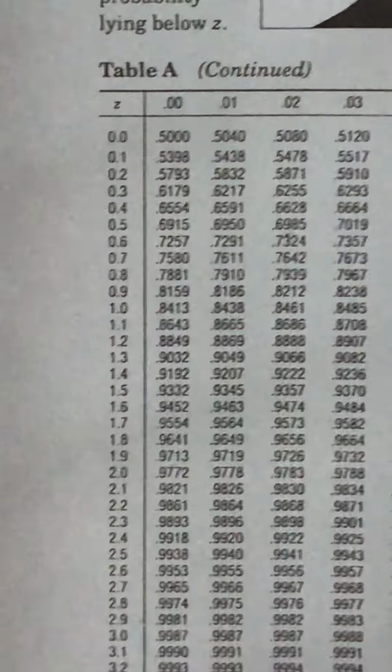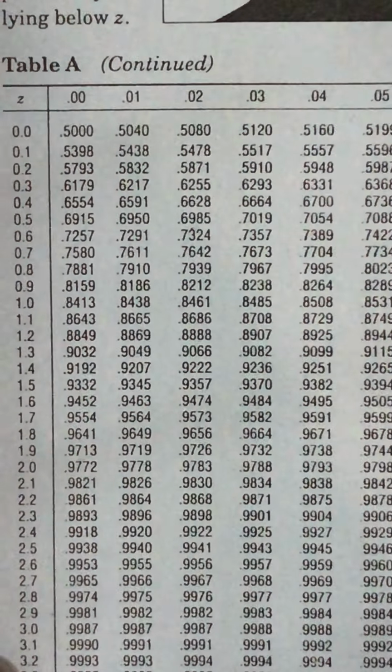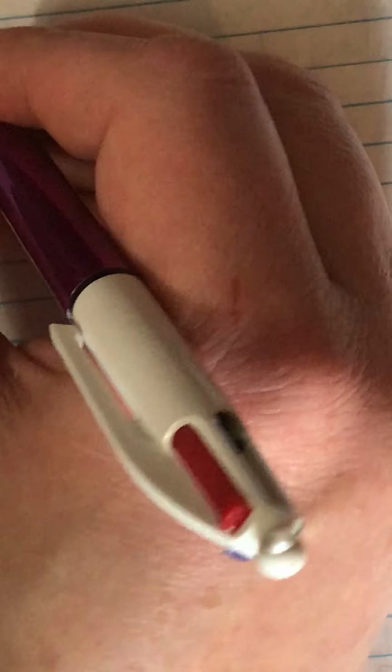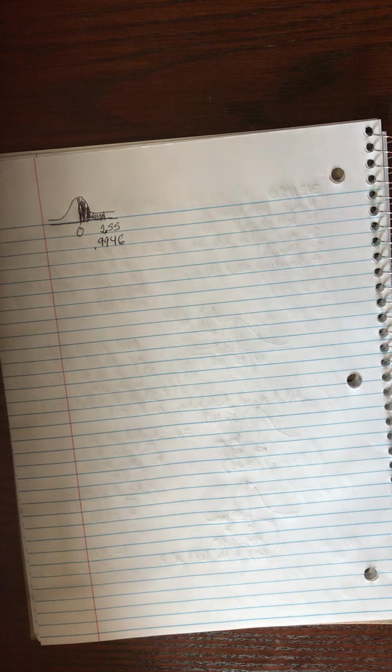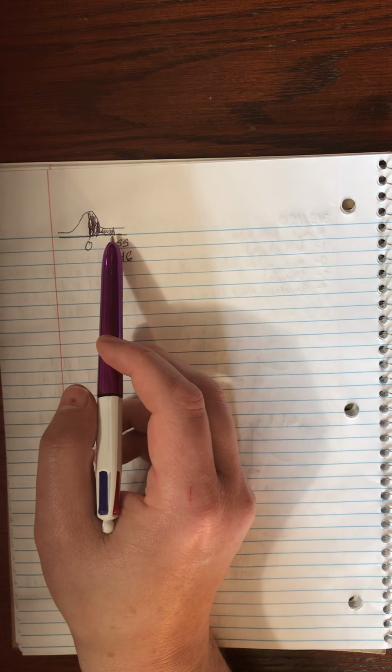Okay, 2.55 is 0.9946. Again, I'm hoping that you're looking at these with your blue sheets too. So 0.9946 represents the area to the left of 2.55. Okay, so we're talking to the left of 2.55.